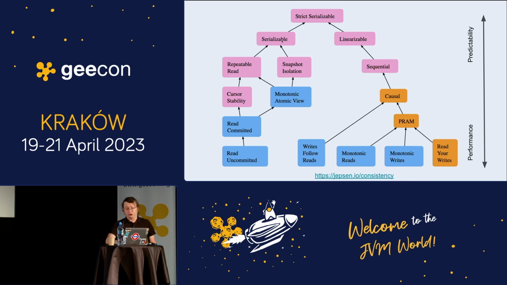The same you could find in this part of the branch. Those properties like monotonic reads, monotonic writes, your own writes, could be implemented separately, and they will provide you good performance, but don't provide the strict consensus or strong consistency guarantee.